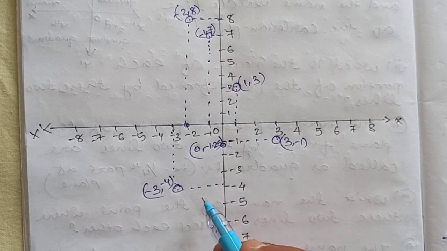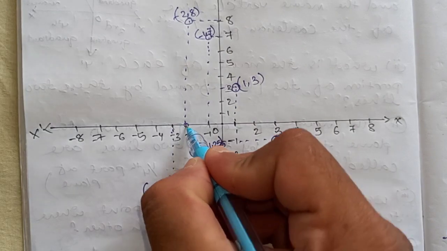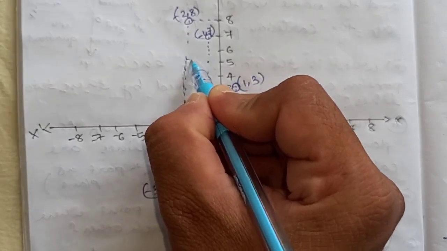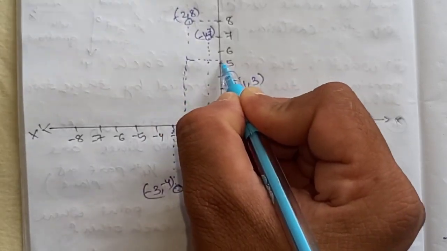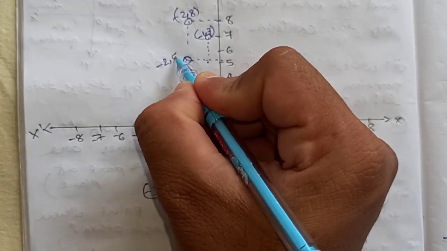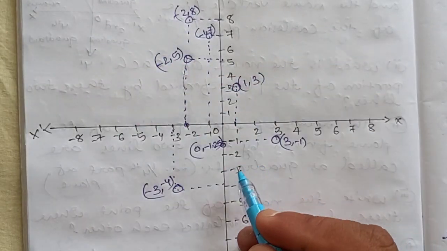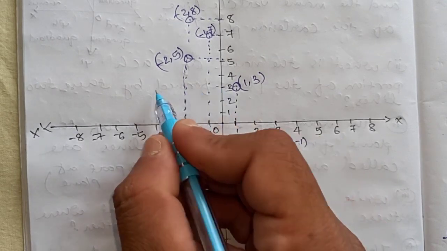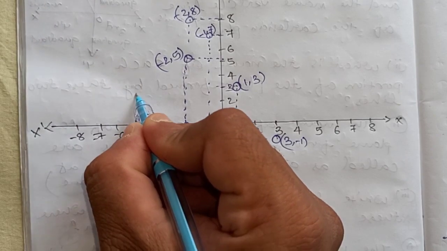Next, (-2, 5). -2 is here. So with the same dotted line, you just join up to the fifth point. Okay, that is the fifth coordinate. So this point is (-2, 5). Okay, next, (-5, 3). -5 is here and 3 is here. So join it with a dotted line.